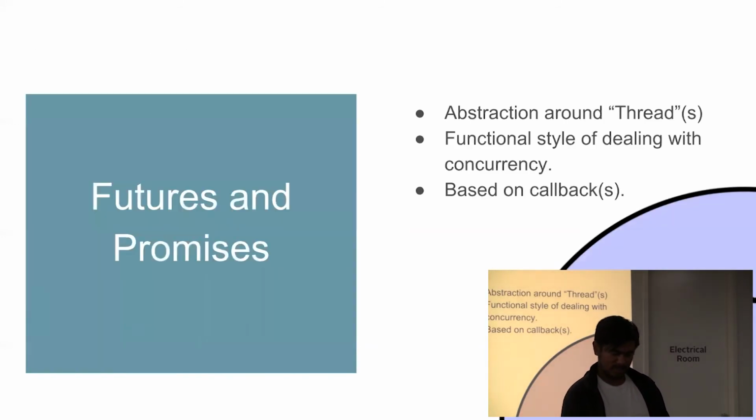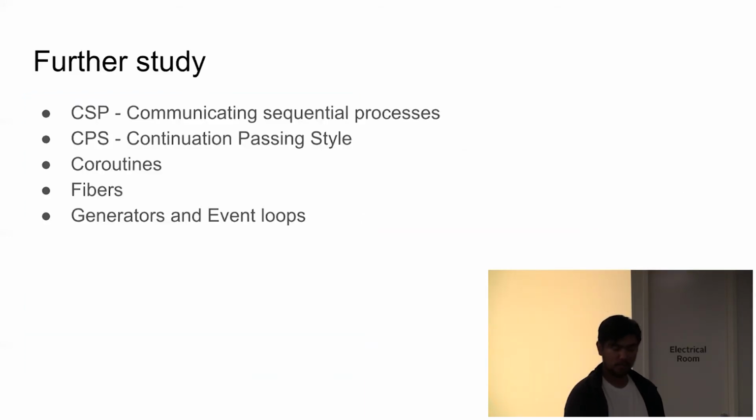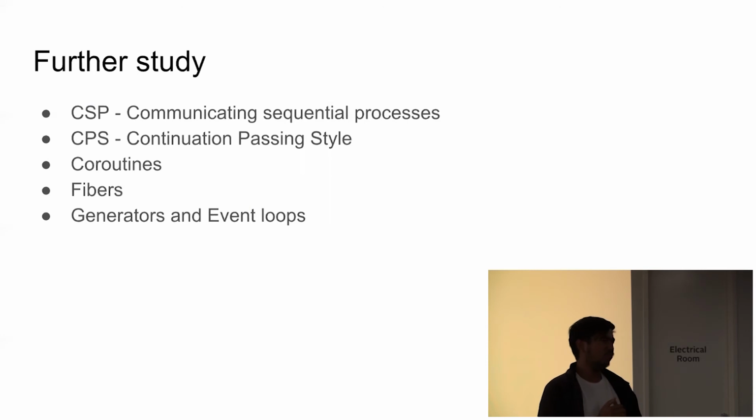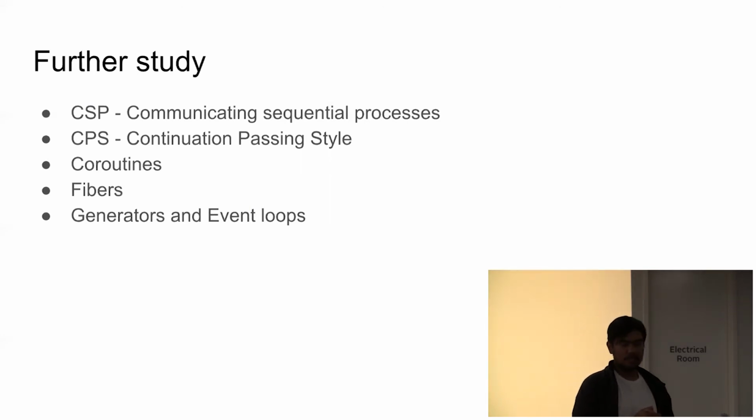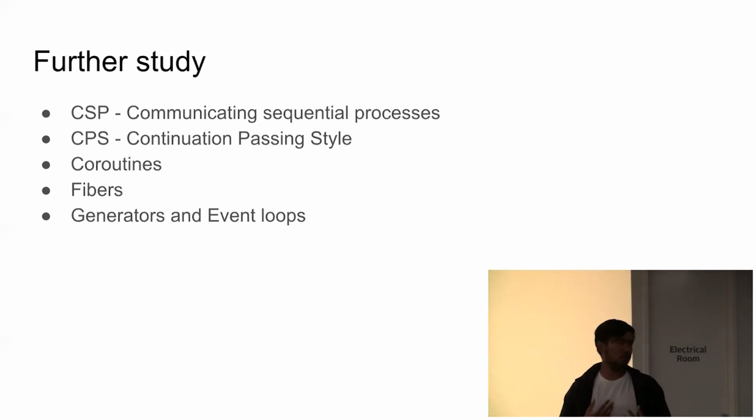And that's non-blocking I/O for you. For further study, one can look at CSP, which is kind of what non-blocking I/O is doing, though it's not exact. You can also look at CPS, which, like our friend just pointed out in Kotlin, is what they're doing with coroutines: creating this continuation stuff.